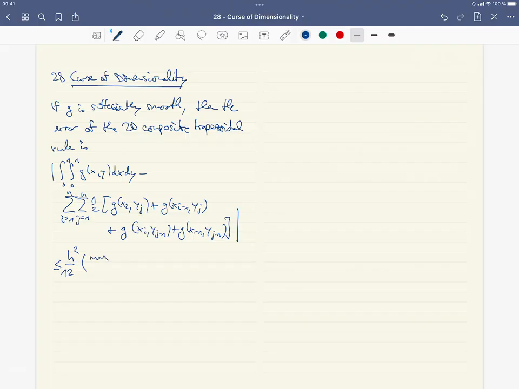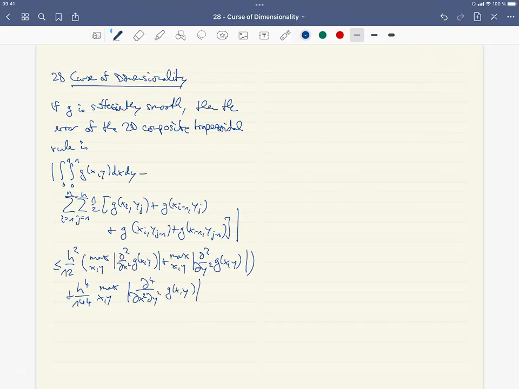So it's the maximum over x and y of the second x derivative, plus the maximum over x and y of the second y derivative, plus another term, h to the 4th divided by 144, 12 squared, times the maximum of the fourth derivative of g of x and y.